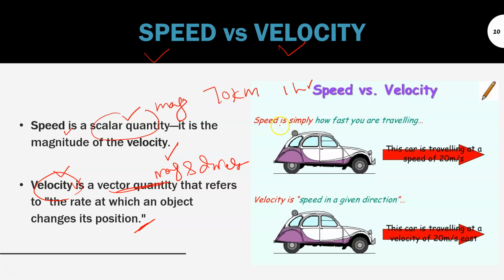It's not enough to drive at a speed of 70 kilometers per hour. Pretty obvious, you must travel in the correct direction as well. But you can see that velocity gives more information than speed.